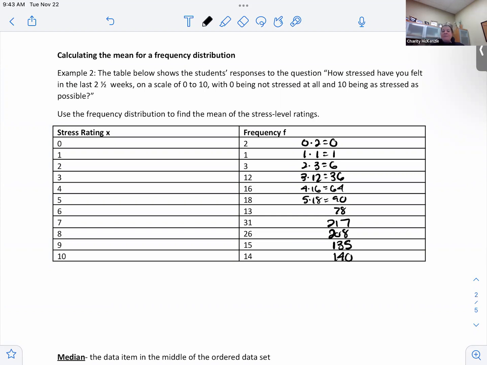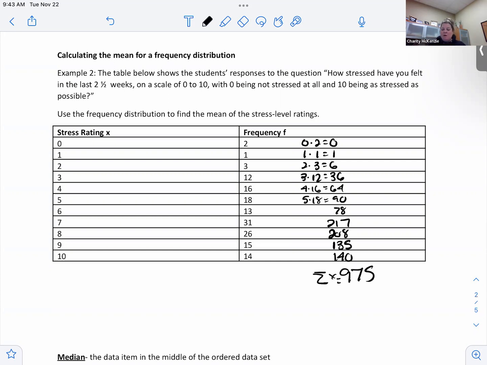So what we just did is we basically added each category, and now we need to add them all up. So 0 plus 1 plus 6 plus 36 plus 64 plus 90 plus 78 plus 217 plus 208 plus 135 plus 140. Hopefully I typed that in right. I got that the sum of this row was 975.